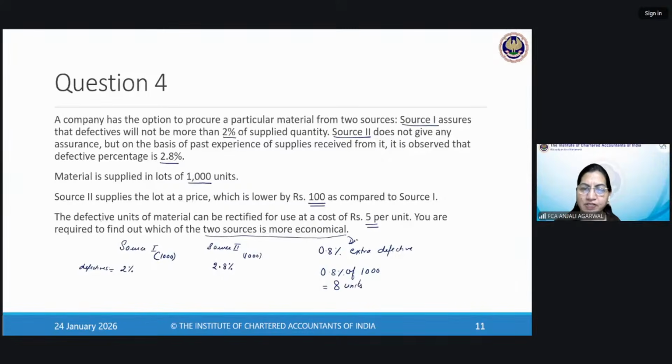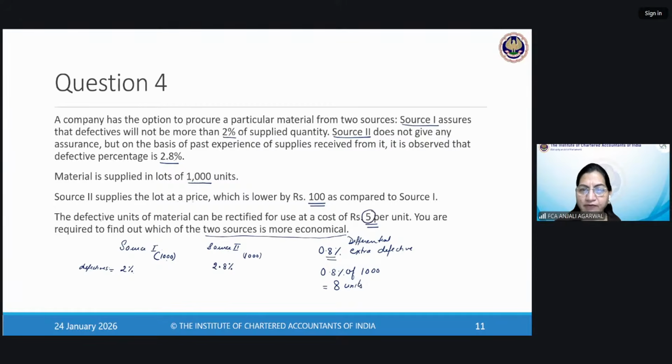If you look at the differential way of solving this question, the defective unit is 0.8%. 0.8% of 1,000 means source 2 will give you 8 units extra defective pieces.